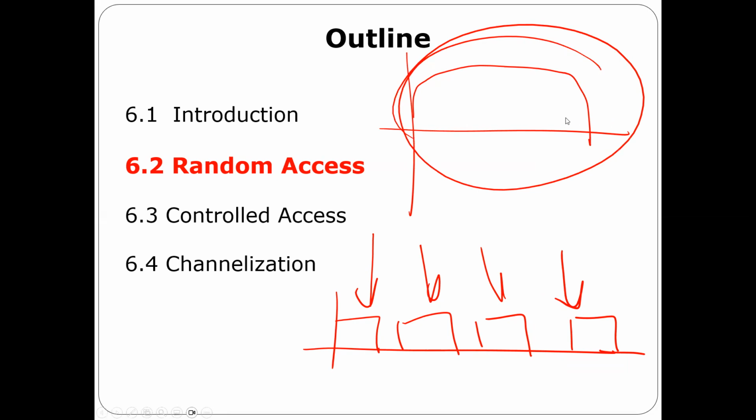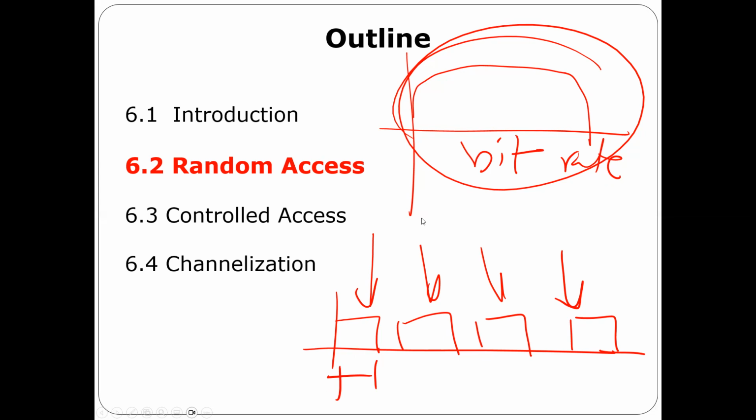Only one computer can use the medium, but when you use it, you can use the whole bandwidth, which means you get a very high bit rate. In the first approach, you transmit all the time, but with a small bit rate.